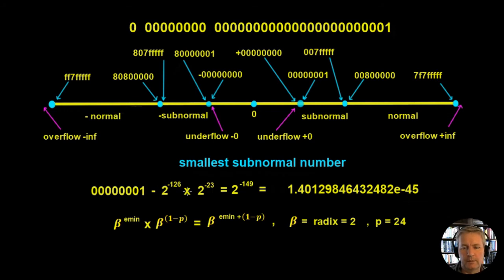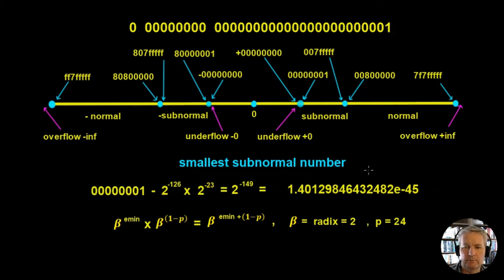And we're multiplying that by the smallest mantissa value, which is 2 to the minus 23. Whenever we multiply these, we add the indices, so that's equivalent to 2 to the minus 149. And 2 to the minus 149 in decimal is approximately equal to 1.4012984643242 e to the minus 45. Of course that number just continues on, and this is just an approximation.